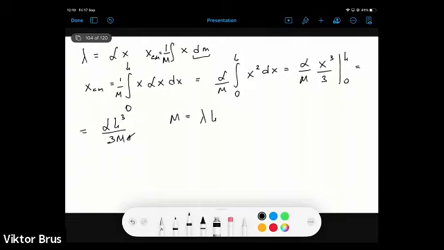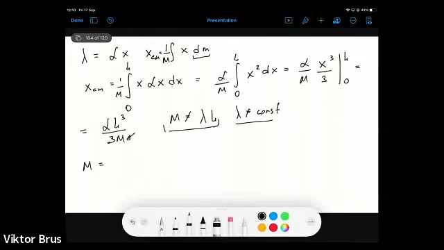Yes. Okay, so this was true for the previous case when we had lambda constant. So this is correct equation. However, it doesn't work for the case when lambda is not constant. So in order to get total mass now, we need to actually do this integration.